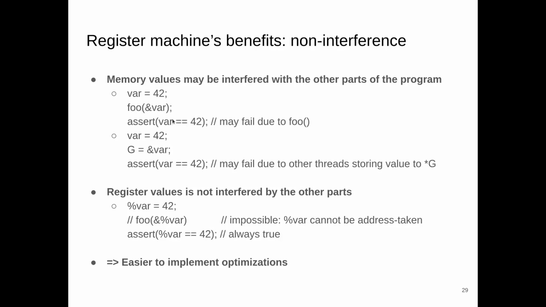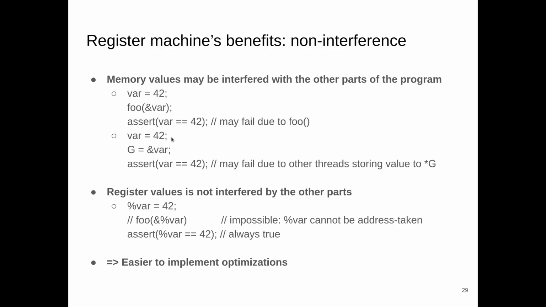After returning from this function, we cannot assert that var should be 42, because foo may change the content of var. Maybe it can change var to 666. That is very different from 42. So this assertion may fail because of the interference from the function foo.